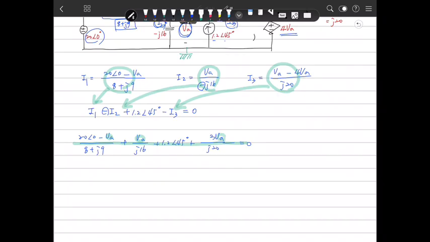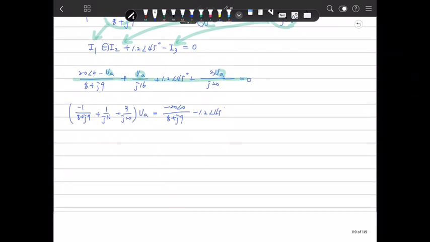So we make a simple equation: minus 1 over 8 plus j9, plus 1 over j16, plus 3 over j20, times VA, will be minus 20 over 8 plus j9, minus 1.2 at 45 degrees.